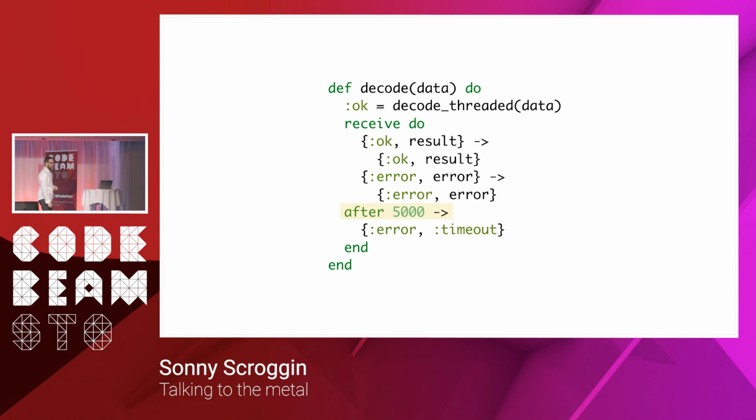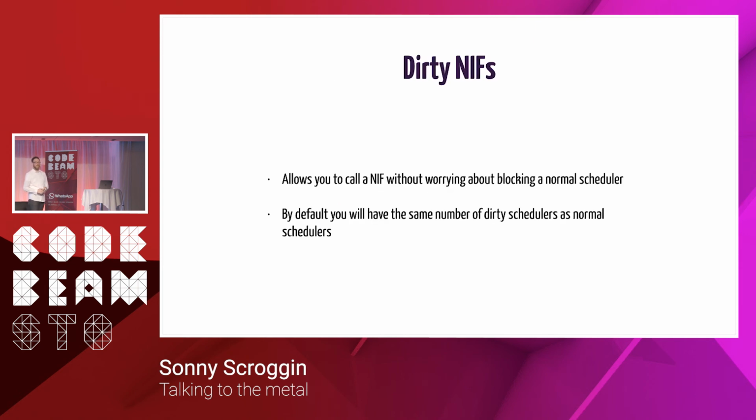All right, so another option is dirty NIFs. Since Erlang OTP 20, we have dirty NIFs on by default. It used to be an experimental feature, and now it is stable. This allows you to call a NIF without worrying about blocking the normal schedulers. So now, when you start up the BEAM, you have your normal schedulers, but you also have the exact same number of dirty schedulers. And dirty schedulers allow you to say, I don't know if this NIF is going to run within a good amount of time, so I'm going to schedule it on a separate scheduler that's not going to affect the processes.